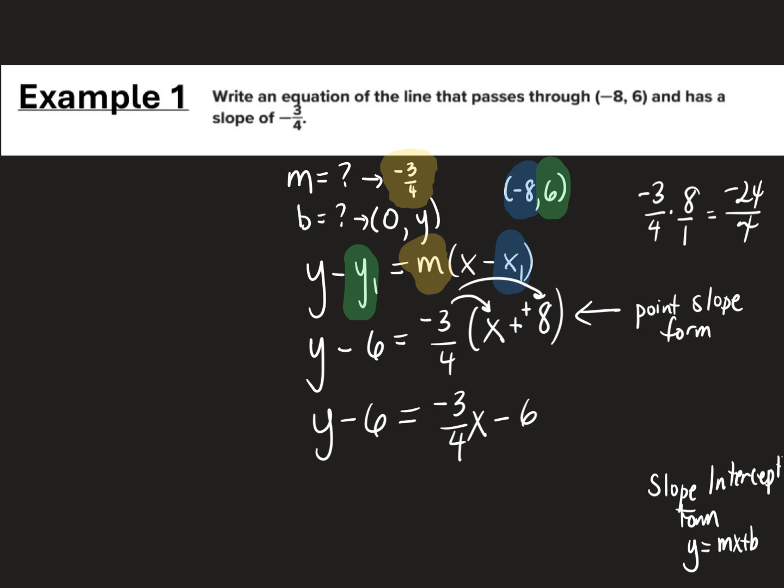Now I'm going to get my y alone by adding 6 to both sides. So y is going to equal -3/4 x, and -6 plus 6 is 0, so my y-intercept is 0. And that would be how I would find the equation of a line that passes through (-8, 6) and has a slope of -3/4.